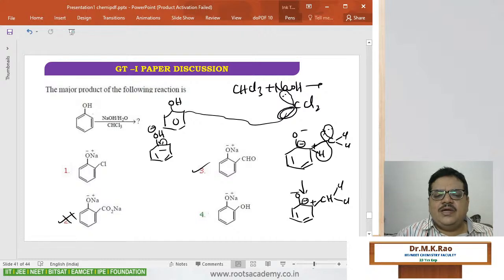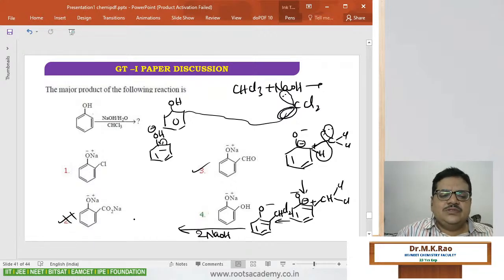Positive and negative form a bond. So it forms CHCl2 and O minus, which upon reaction with sodium hydroxide forms CH(OH) and OH here.